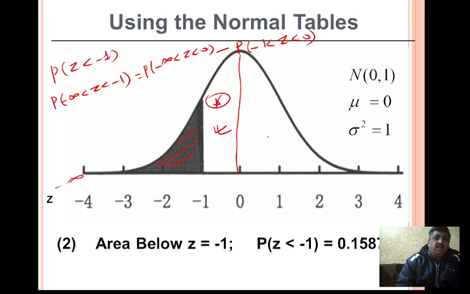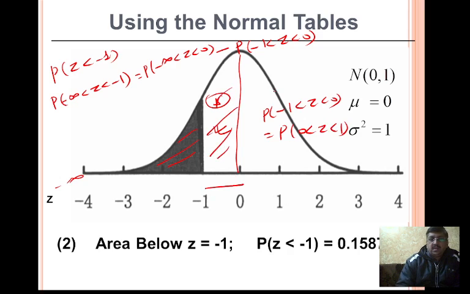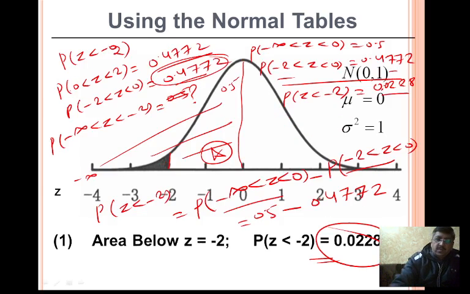And we have also discussed that the probability of minus 1 to z to 0 is equal to the probability of 0 to z to 1. You can see that minus 1 to 0 area is similar to this area, right? So can we find this value? Let's move to the table now.